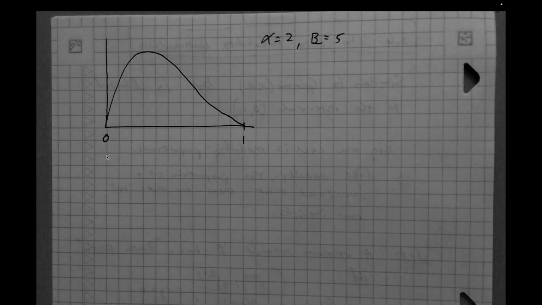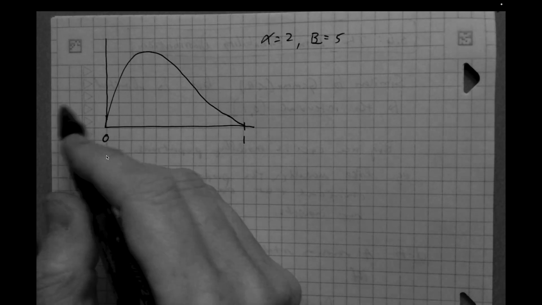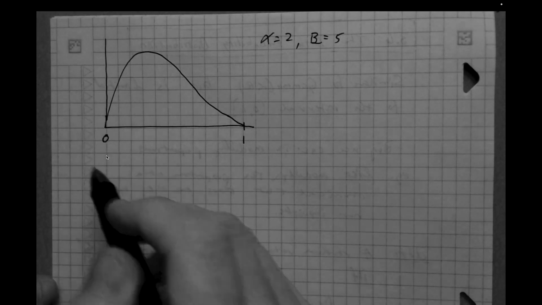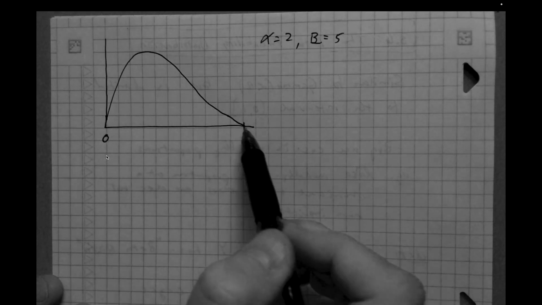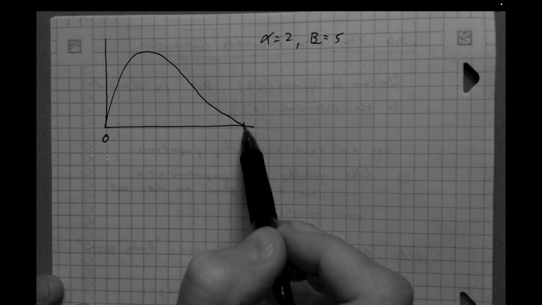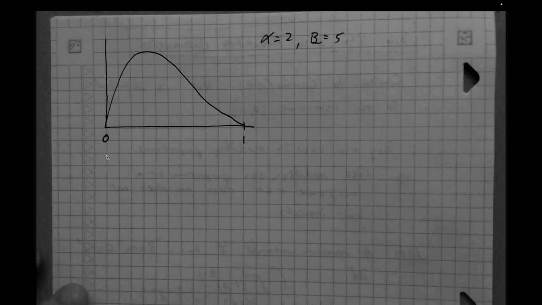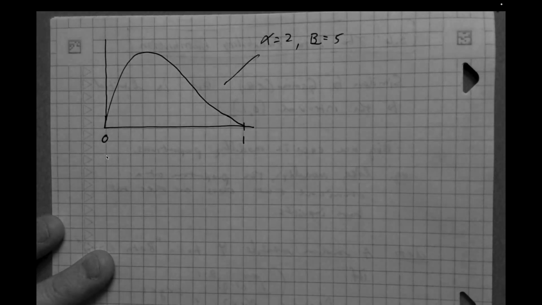It's got a little bit of that right skew, looks very gamma-like. Of course, it's censored on both sides. It doesn't go below 0, similar to the gamma distribution, but here we're also censored on the right side. We don't have any density above 1.